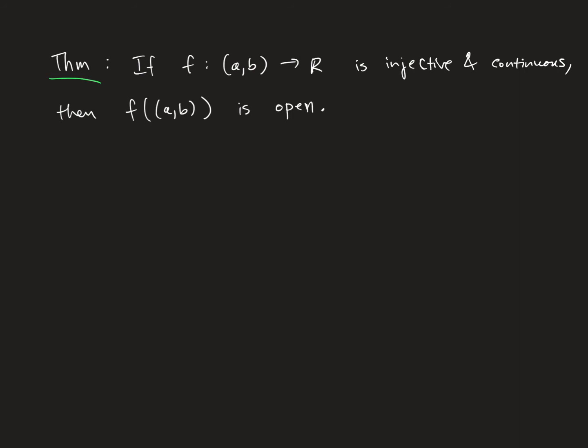So moving on to the next item on the list, we have, again, our injective continuous function on this interval, and we're going to show that the image of that interval is open. So the proof is, well, since f is injective and continuous, it is strictly monotone.